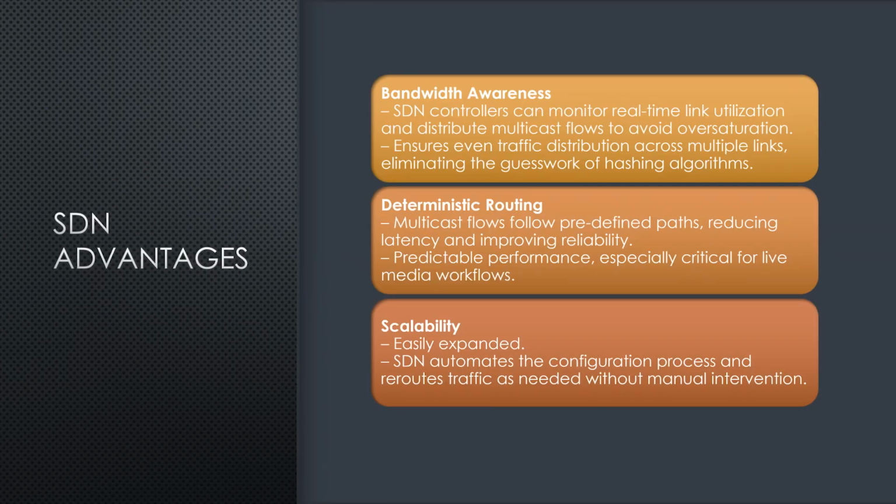The SDN controller is bandwidth aware, where the standard network protocols are not, and allows deterministic routing. So you can program some logic into the decisions about how you want to get traffic across your network. And then, of course, it can be responsive to link failures. It's aware of the state.